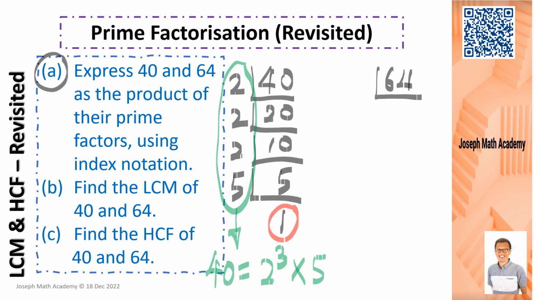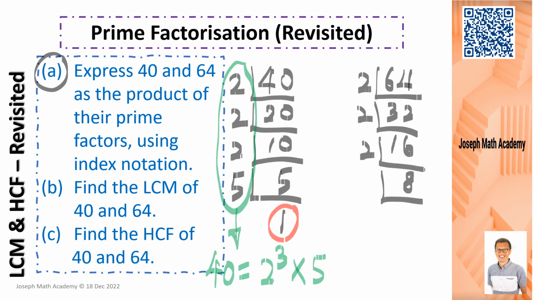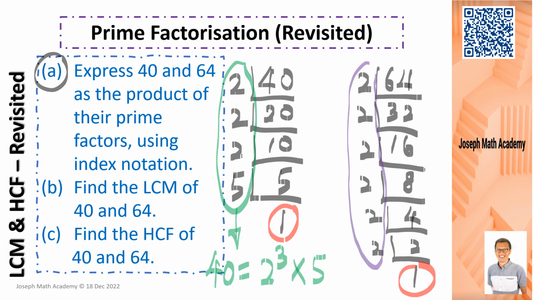Let's move on to the next one, which is 64. Again, using repeated division, we have 32. Let's move on again, we get 16. Move on, we get 8. We are having all the even numbers, so we can still proceed by using the smallest prime number 2. I have to stop because we arrive at 1. So again, the list on the left would be the prime factors of 64.